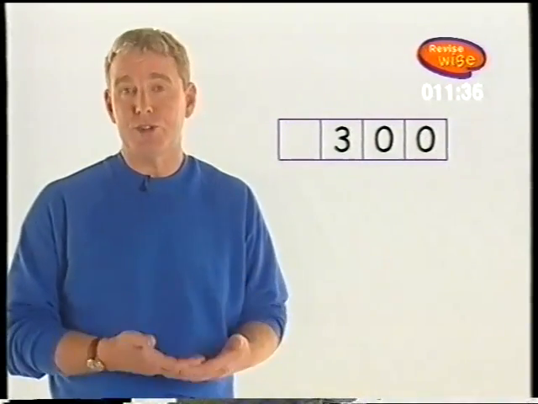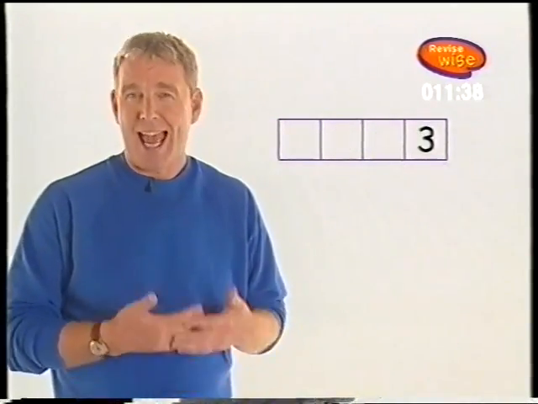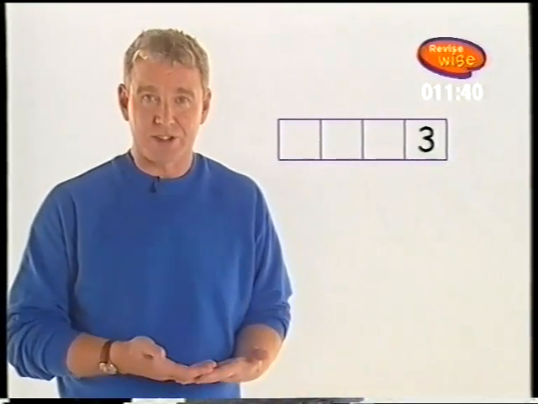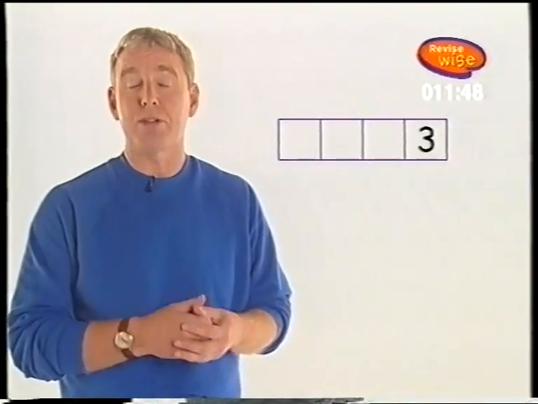And when you multiply a number by 100, the digits move 2 places to the left, and you put 2 zeros in the space. And when you multiply a number by 1,000, the digits move 3 places to the left, and you put 3 zeros in the space. And multiplying by 1,000 is equivalent to multiplying by 10, and then by 10 again, and then by 10 again.